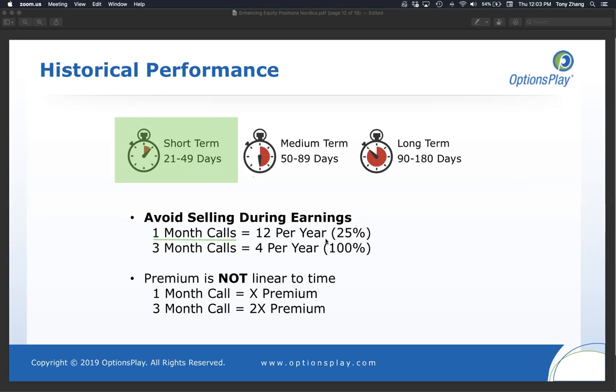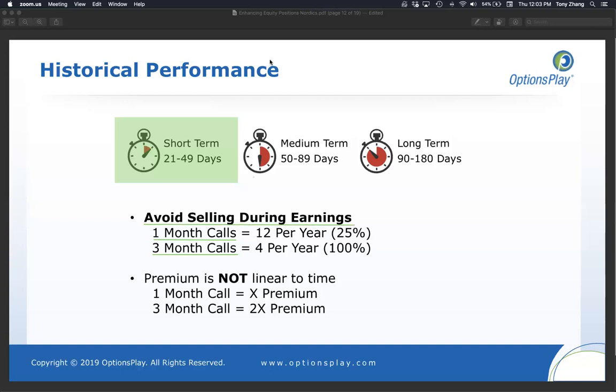So you can actually avoid selling those 4 months when earnings are about to come up and still sell the other 8 months of the year. Versus if you sold a 3-month call, you can only do that 4 times a year. It becomes very difficult to avoid selling a call option that has an earnings built into it. And that's why whenever we're selling options in general, we want to lean towards the shorter end of the spectrum, because we can avoid selling going into earnings.